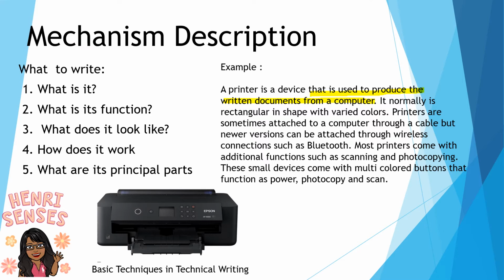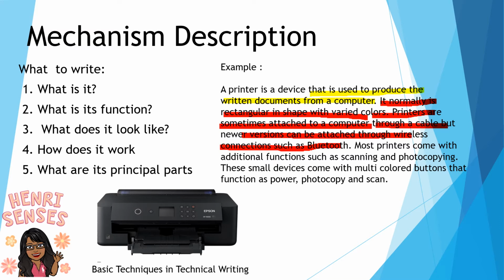Okay, what does it look like? We have here, it normally is rectangular in shape with varied colors. Printers sometimes are attached to a computer through a cable, but newer versions can be attached through wireless connection, such as Bluetooth.